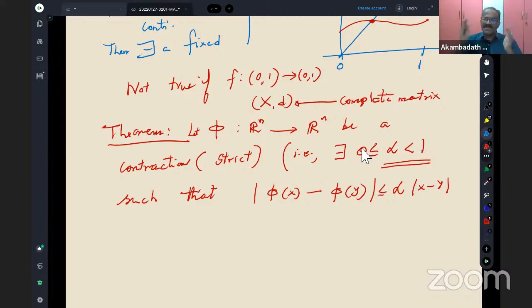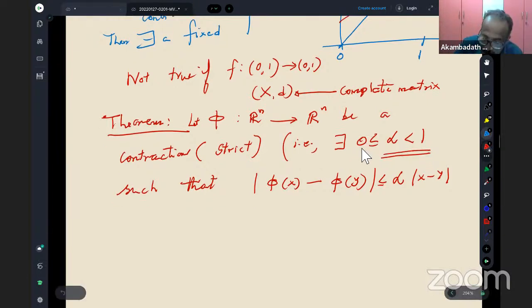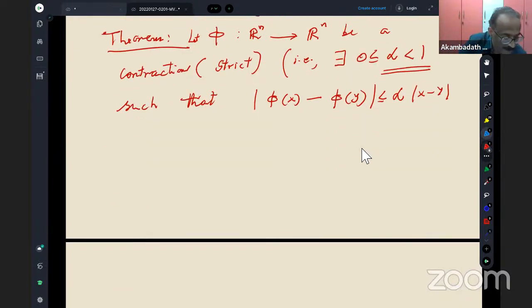Contraction, you can see that when you are taking 2 points and you apply phi, they become closer. That's exactly it, leading to a fixed point. That's the whole thing. This is true for all x, y in the space.